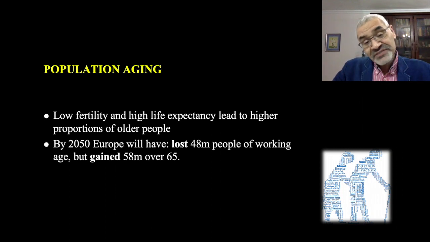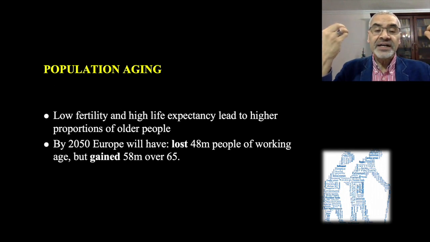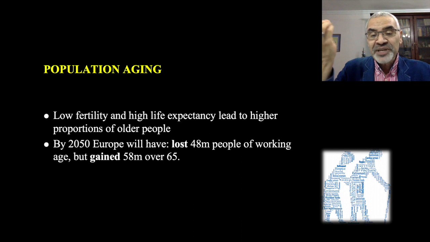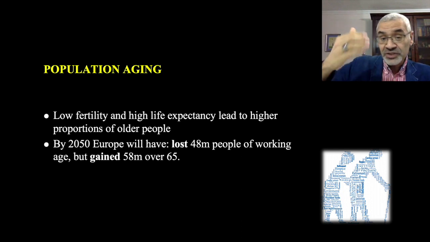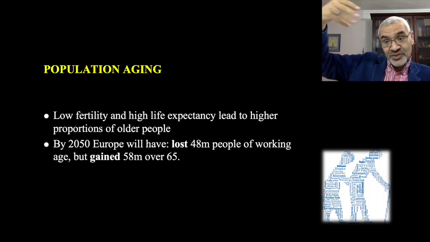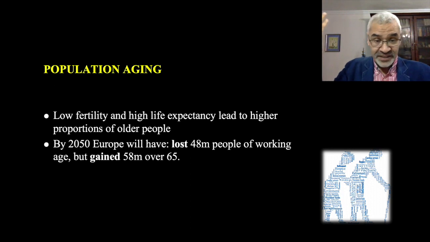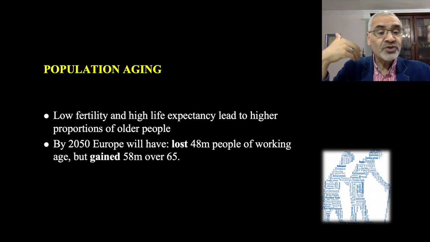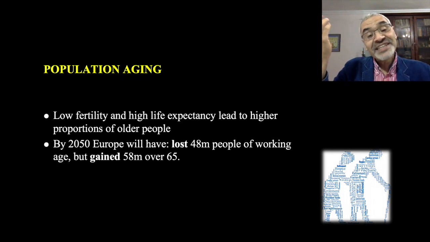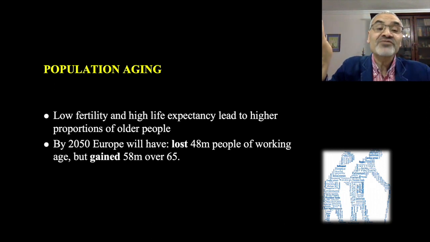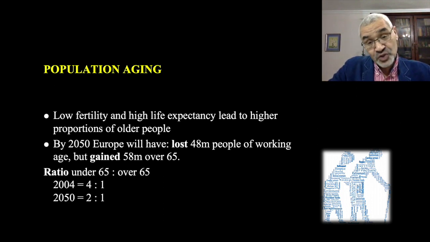So by 2050, for instance, Europe will have lost 48 million people of working age, because they will, by gradual transition, be elderly, 65 plus, but it will gain 58 million over 65. So they will be 58 million individuals over 65 years old.